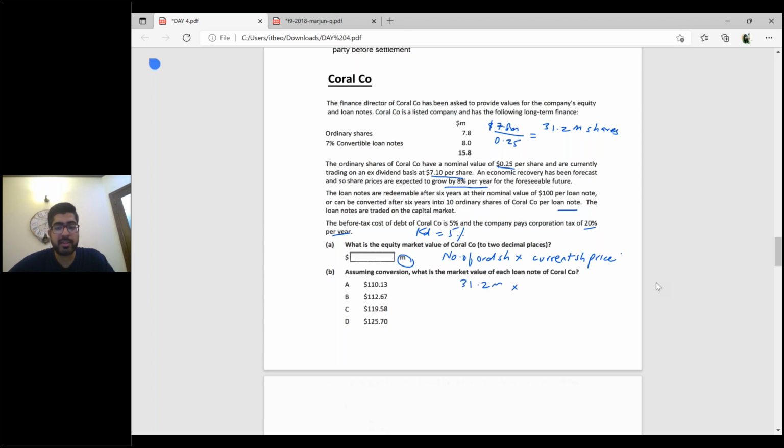And what is the current share price? 7.1. So the equity market value comes to the number of ordinary shares times the current share price. You have both, that's it.